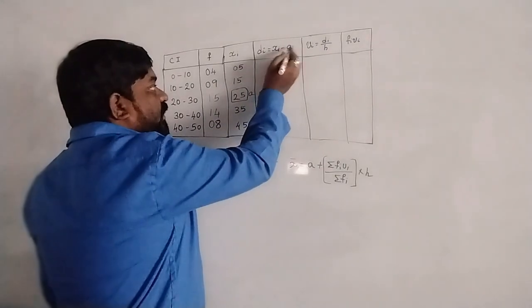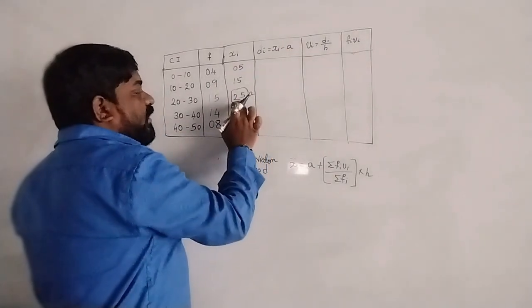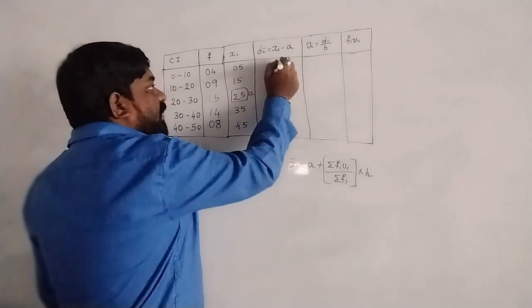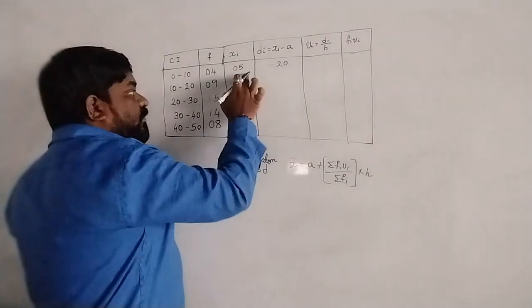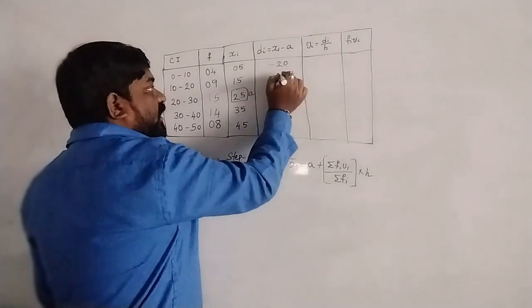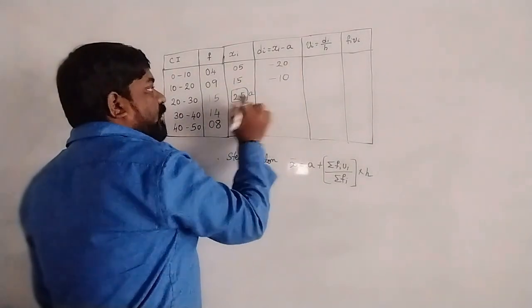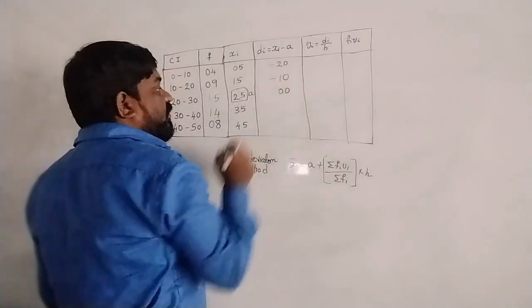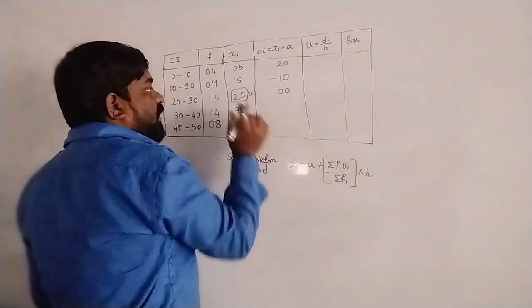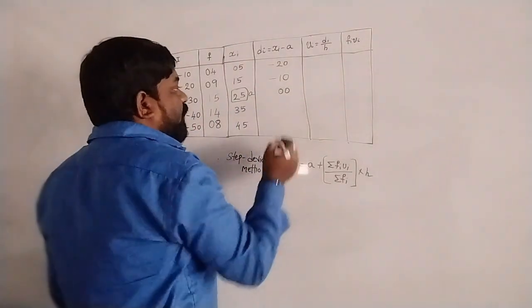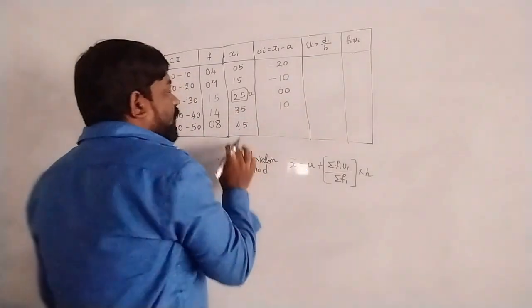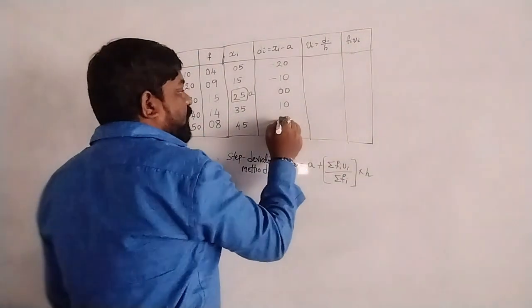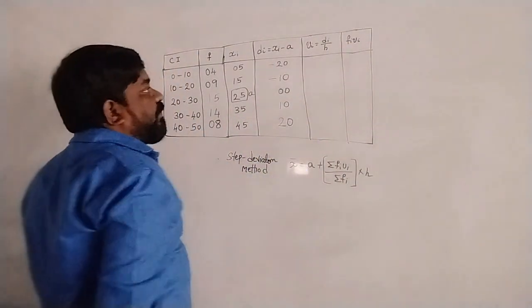Now xi minus a: 5 minus 25 is minus 20, 15 minus 25 is minus 10, 25 minus 25 is 0, 35 minus 25 is plus 10, 45 minus 25 is plus 20.